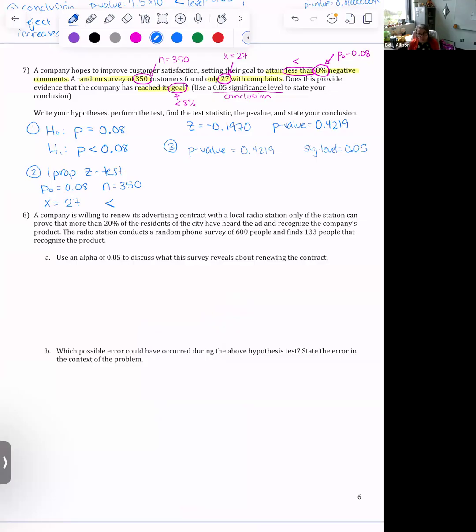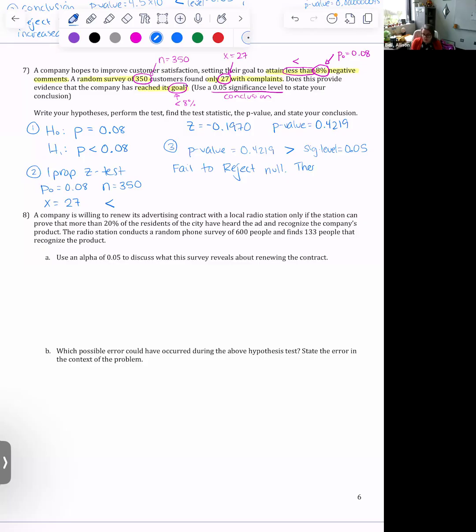But this is comparing 42% essentially to 5%. Our p-value is much greater than our significance level in this situation. So here, based on our notes, when our p-value is larger than the significance level, we fail to reject the null. And this means that we did not have the evidence to show H1 was true.